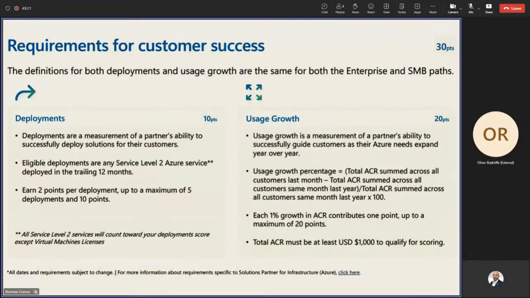So they can get 10, 11, or 12 points. Yep. But it's not all or nothing. It's not 20% or nothing. The interesting thing is our ACR compound annual growth rate is like 27%. So most partners shouldn't have a problem. People just end up consuming more and buying more. So interesting. So those are the nuances.